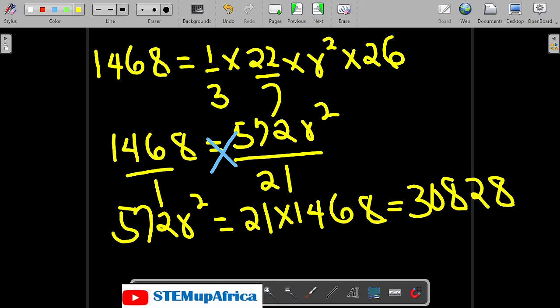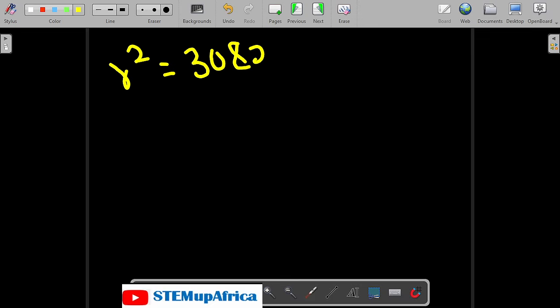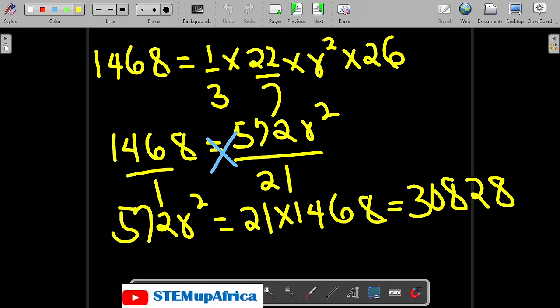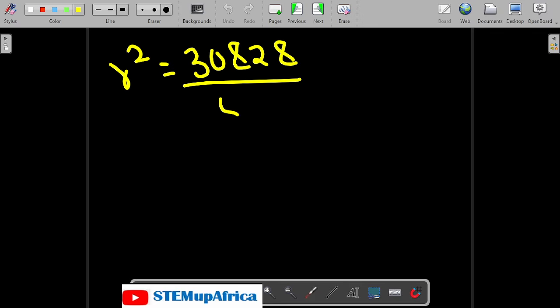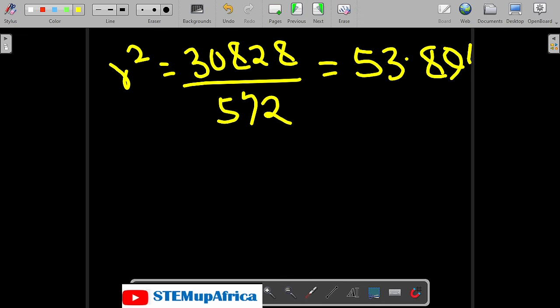That will give us 30828. So what's our radius squared? Our radius squared will be 30828 divided by 572. If you divide, what am I having? That will give me 53.895.